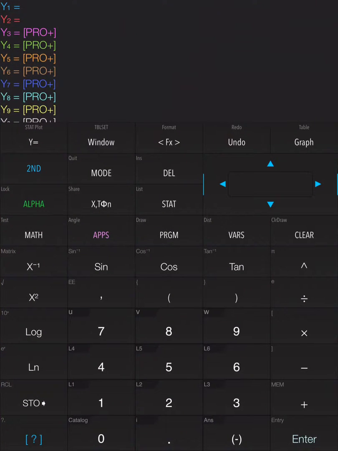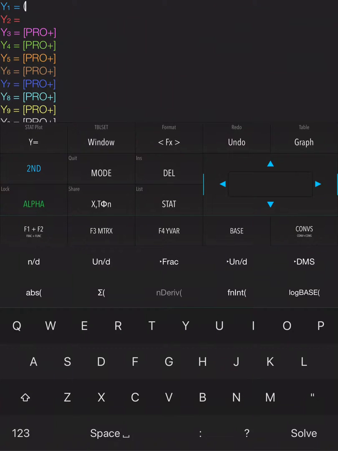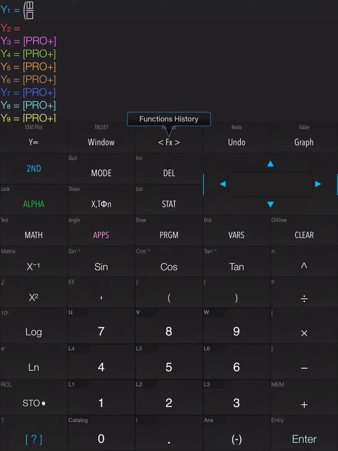So now I'm in y equals. In the first one, I'm going to put the original problem. The first thing I see in the original problem is a parentheses, so I'm going to open up my parentheses. And to put those two little boxes that I just explained, you hit alpha, the green button right here, and then you will see n divided by d. I just selected it, and it brought up those two little boxes right there.